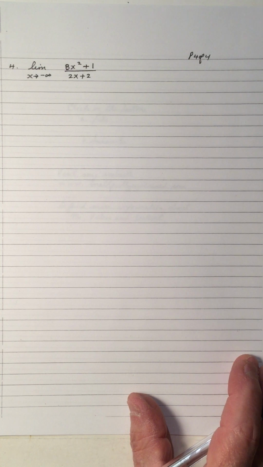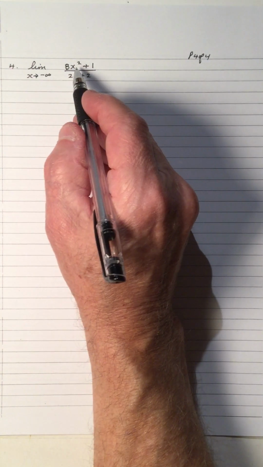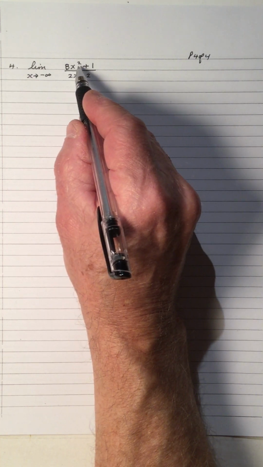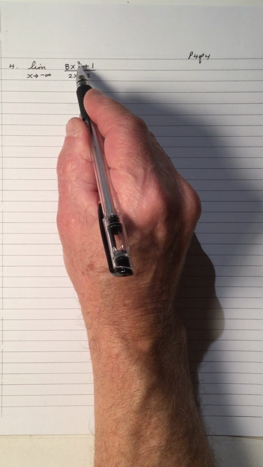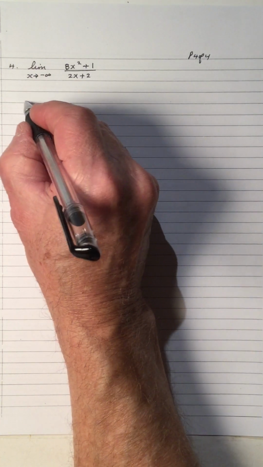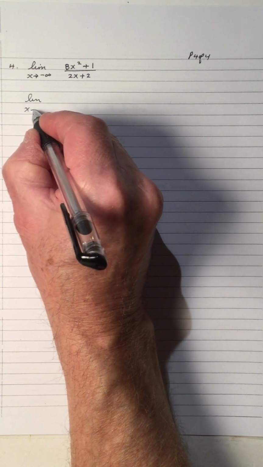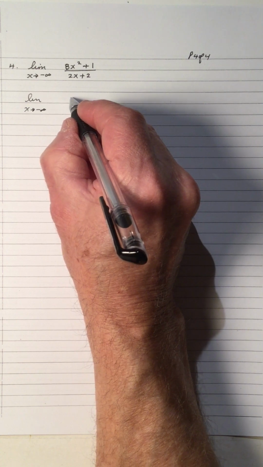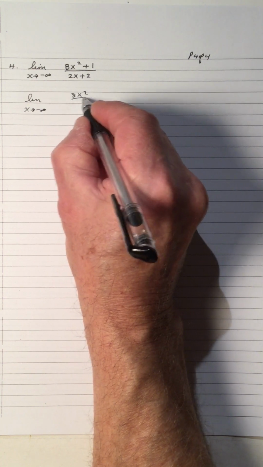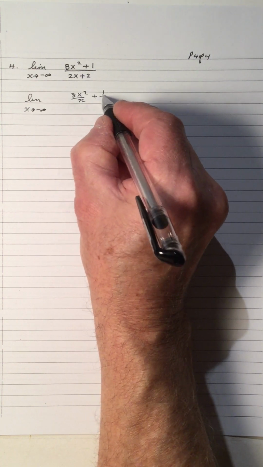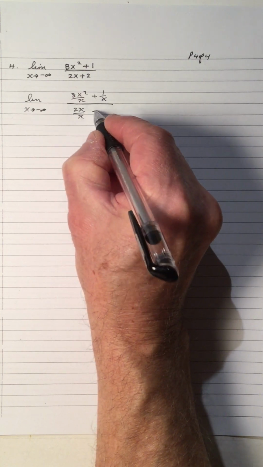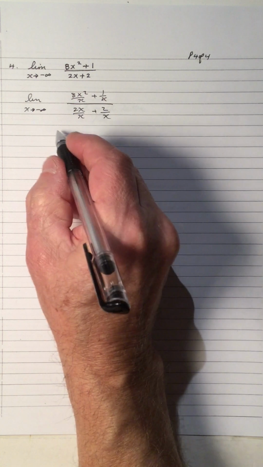And another one to do is, what about if we have another one, but this time we're going to negative infinity. Again, the numerator power is larger than the denominator power, so we'll divide by x. So 8x squared divided by x, plus 1 divided by x, 2x divided by x, plus 2 divided by x.